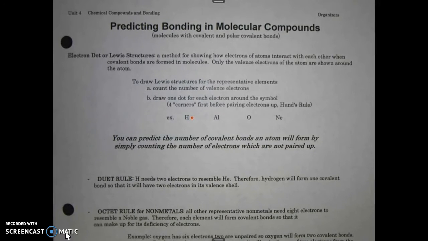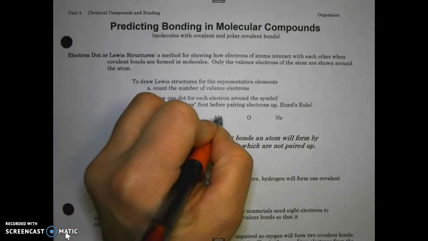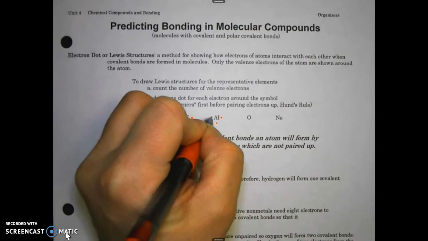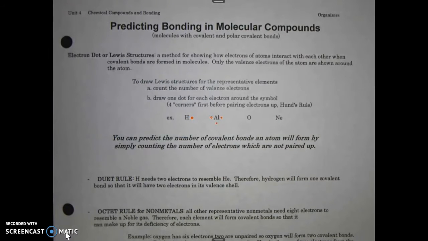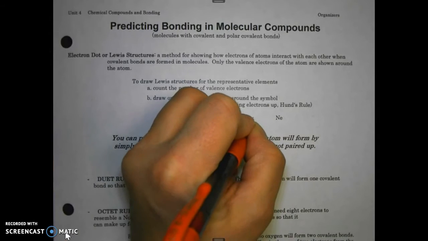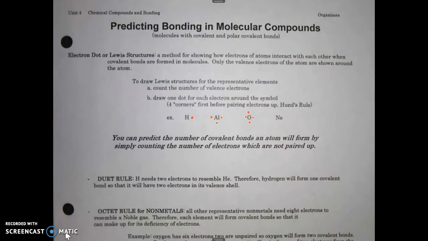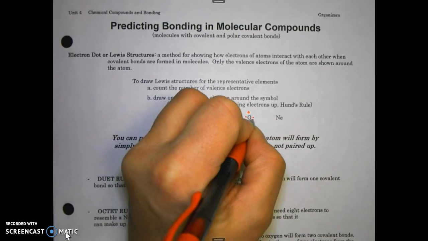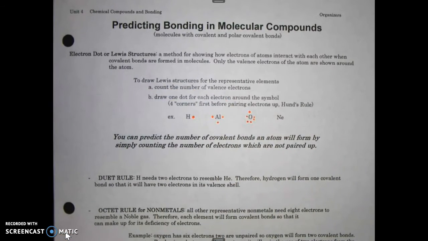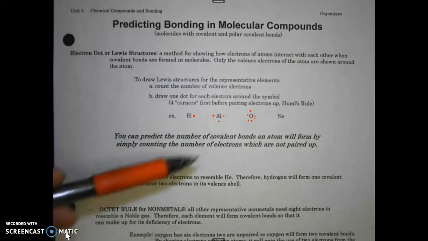If we move on to aluminum, it has three valence electrons, so we're going to put the three valence electrons on three different sides, and we're not going to pair them up yet. Oxygen, which has six, so we'll do four in four corners, and now we can start pairing them up. So 5, 6. Notice what I did there is I just kept going around in a circle.